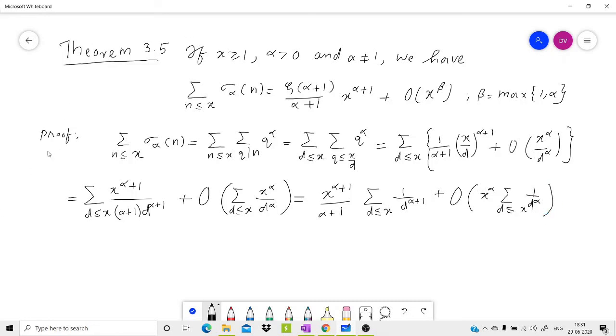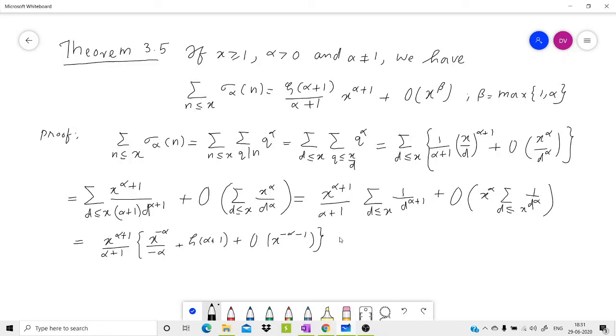Now that is equal to x raised to alpha plus 1 divided by alpha plus 1. We can again use this summation as the asymptotic formula, that is nothing but the b part, that can be written as x raised to minus alpha divided by minus alpha plus theta of alpha plus 1 plus O of x raised to minus alpha minus 1.